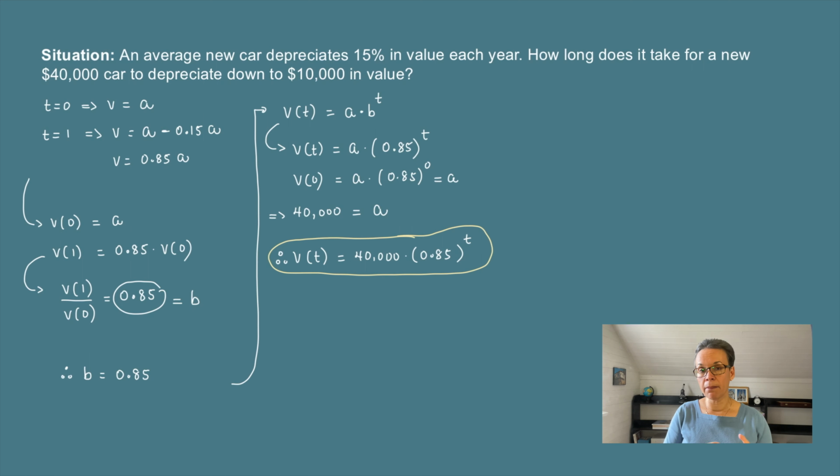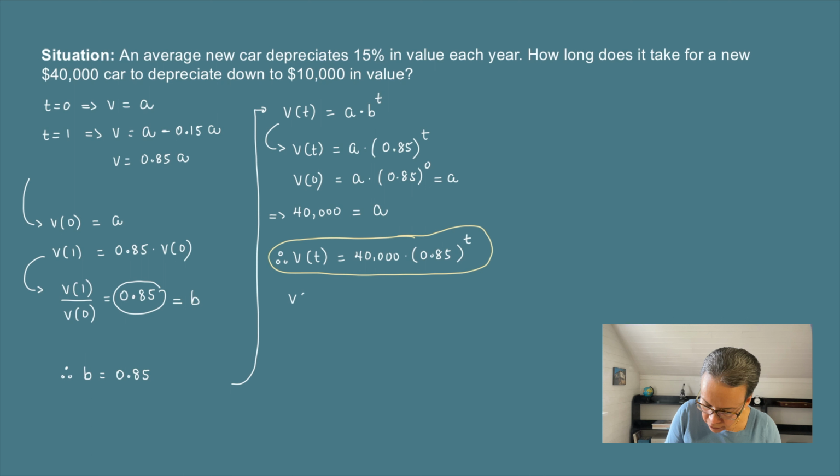Now that I have the model, I can go ahead and try to find the actual answer to the question. And the question was, how long does it take for a new car to depreciate down to $10,000? How long? So if we set the value equal to $10,000, what will be the value for t?